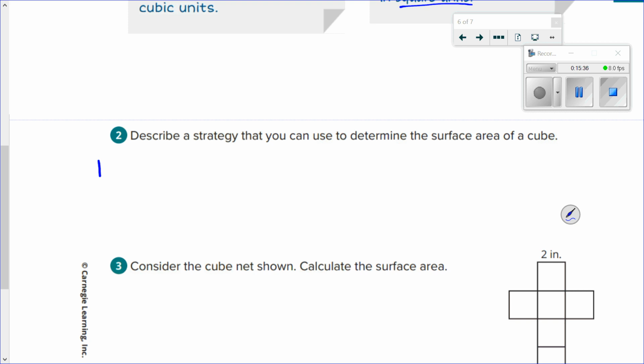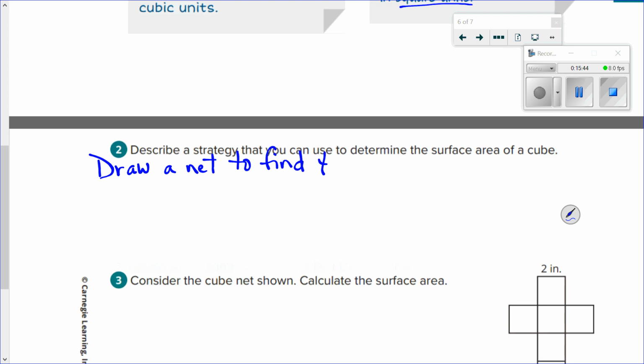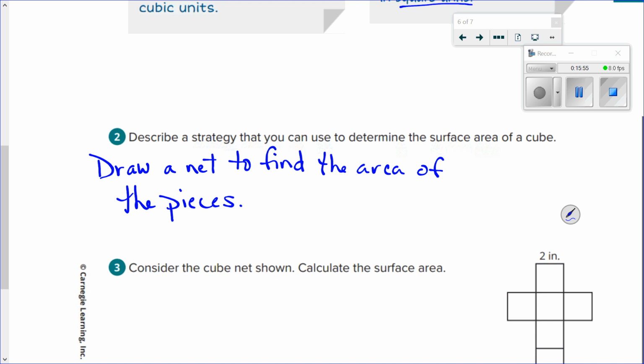So you can draw a net to find the area of the pieces. So that is actually a really good strategy to use. The downside to that strategy is sometimes it's kind of difficult to make a net. So let's look at another one.